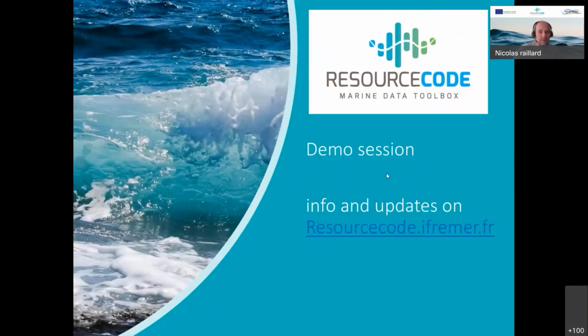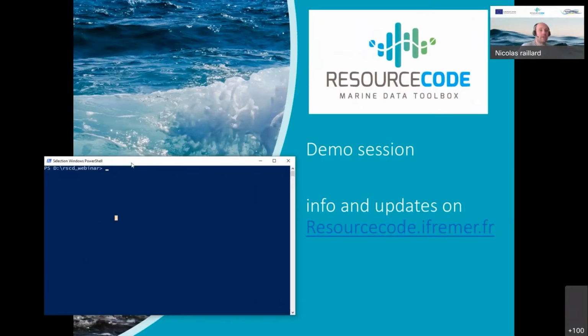So I will try to do a live demonstration of this toolbox. I hope it will work smoothly. So, for example, here it's just a command line interface. I am on a blank folder, and I will just create a virtual environment on which I will install everything.